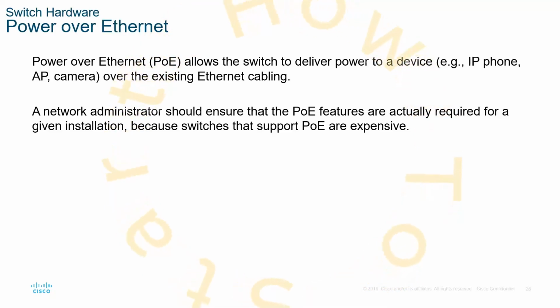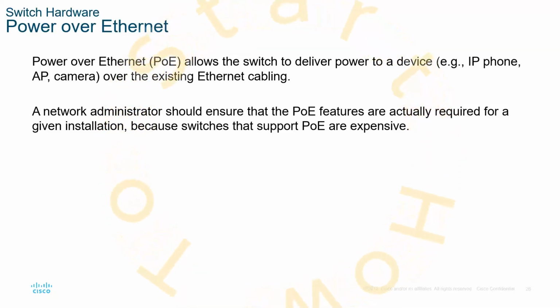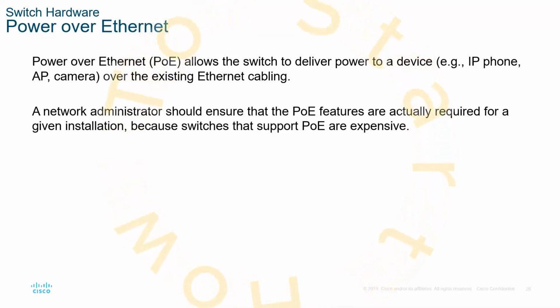PoE basically takes an Ethernet cable and puts power on a pair. And that power powers those devices. That way you don't need additional power outlets. If you're mounting an access point on the ceiling, you don't need power run to that location because the access point can get its power through the switching fabric.